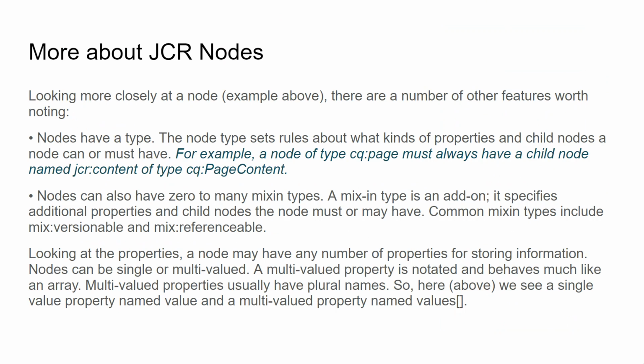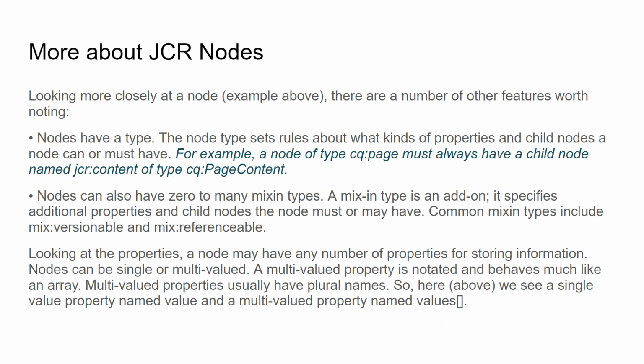Now coming to a little more detail, I have given some examples here also. A node has a type, and for example, a node of type cq:Page must always have a child node. So there are some restrictions provided based on its type. If we create a node with cq:Page as the node type, then it must create another node under it called JCR content, which should have the type value cq:PageContent.